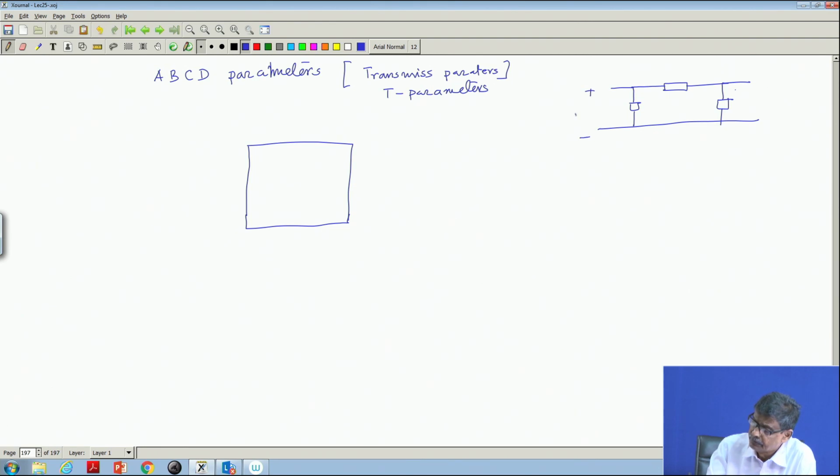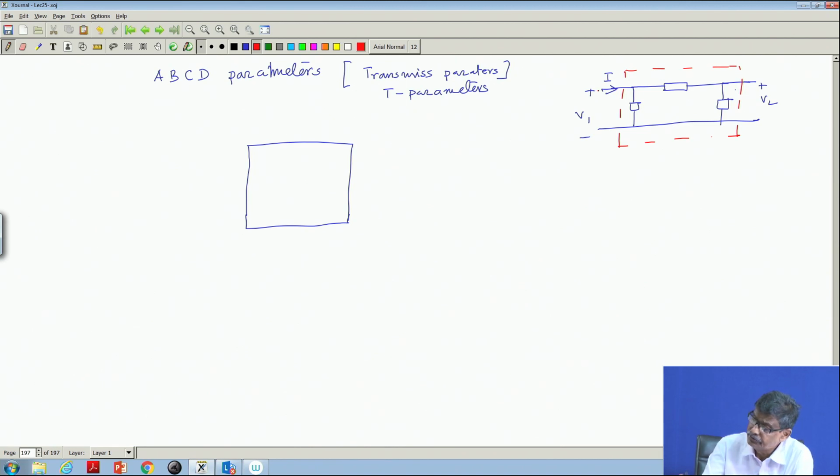This is your sending end voltage, this is your sending end current, and this is the receiving end voltage V2, after power is transmitted through the transmission line. This is a typical representation of a transmission line, the pi representation. There may be a T representation also, but to explain things I have considered a pi network, transmission line modeling.